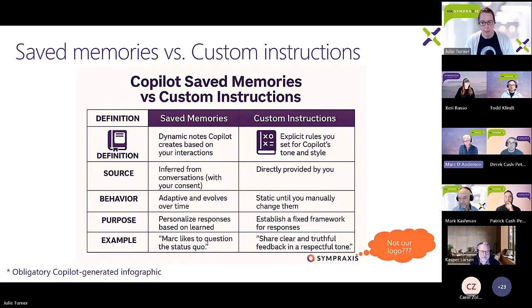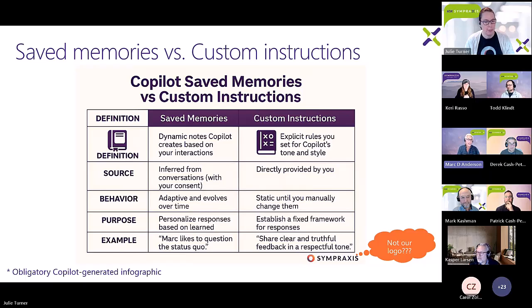So I had to put a Copilot generated infographic into the slides, or else what kind of Copilot user am I? The two things I wanted to focus on are saved memories and custom instructions. They're a little bit different, and it took me a while to understand what the difference between the two are. Saved memories are things that Copilot learns as you're interacting with it.